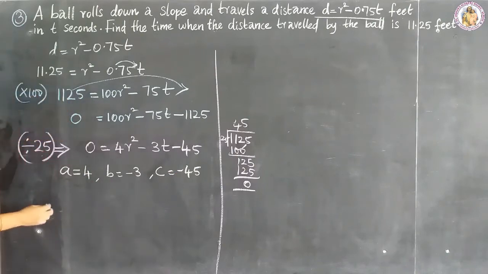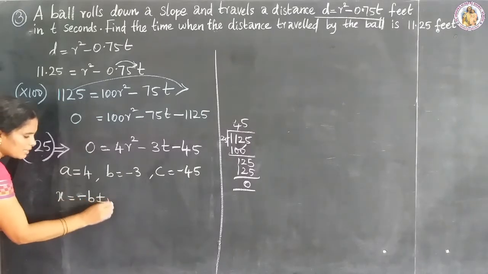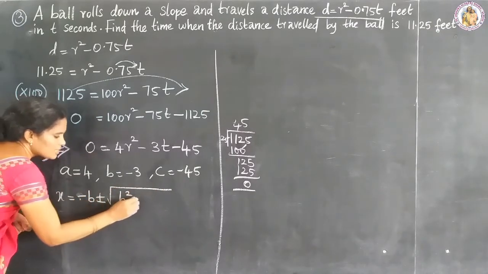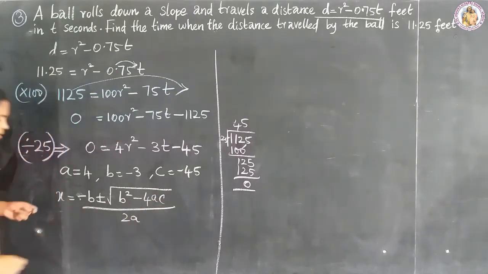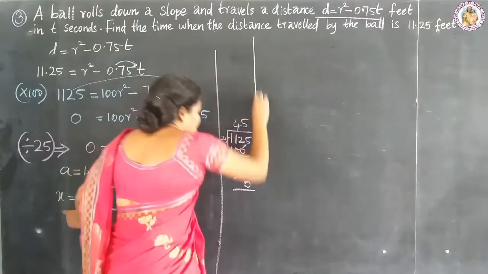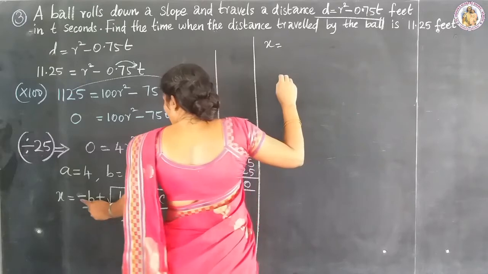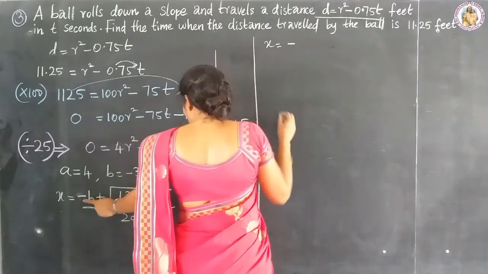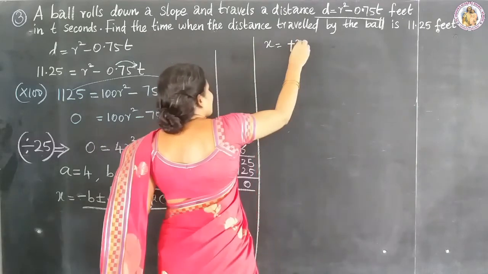Now using the formula x is equal to minus b plus or minus square root of b square minus 4ac, by 2a. Now substitute the value of a, b and c. x is equal to minus b. So minus b is minus 3, so while it comes here it becomes plus 3.